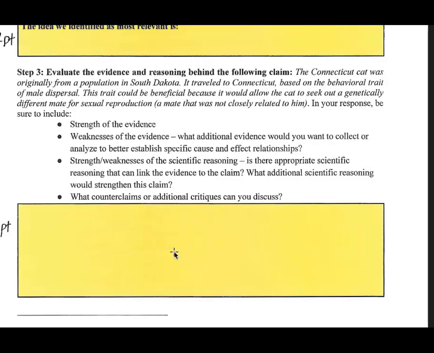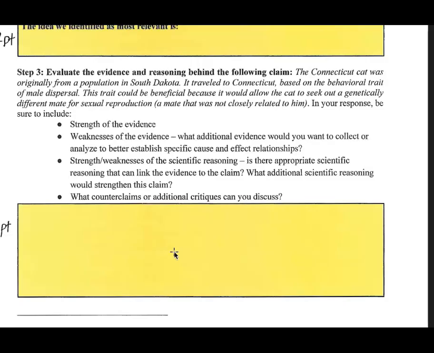Where's the correlation there? Strengths and weaknesses of scientific reasoning. Is there appropriate scientific reasoning that can link the evidence to the claim? And what additional reasoning would strengthen this claim? What counterclaims or additional critiques can you discuss?